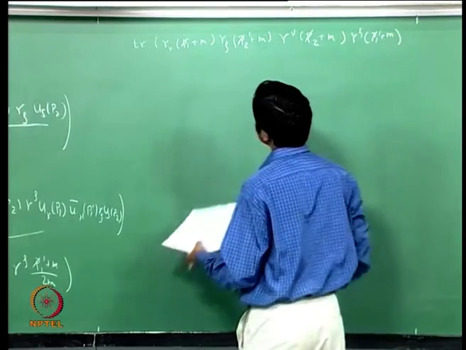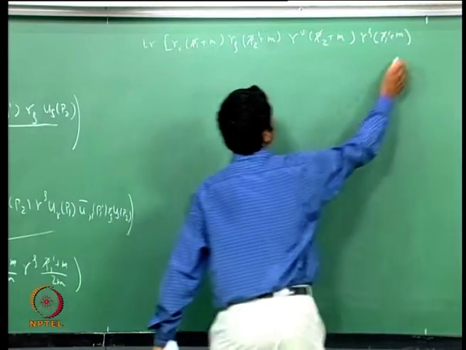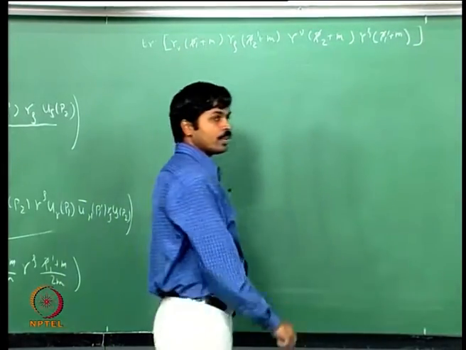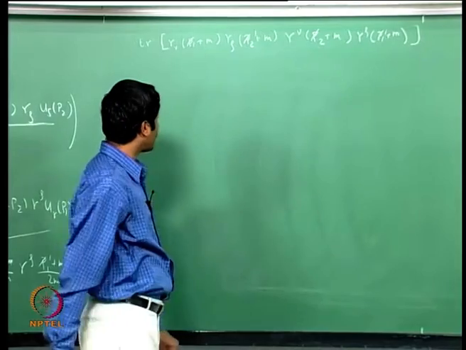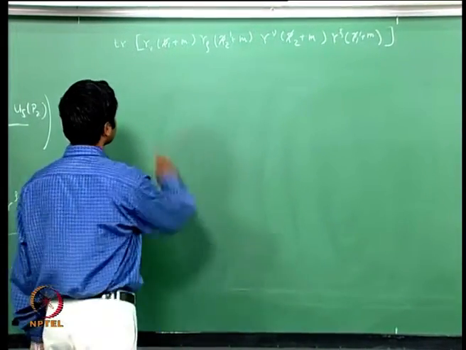This is what we need to evaluate, and we will use various identities involving the gamma matrices to evaluate this trace.